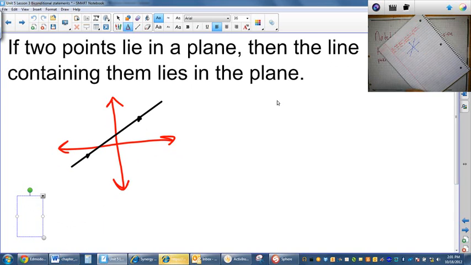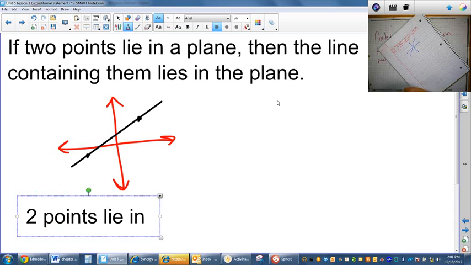Here's the line, plane, if and only if the line.